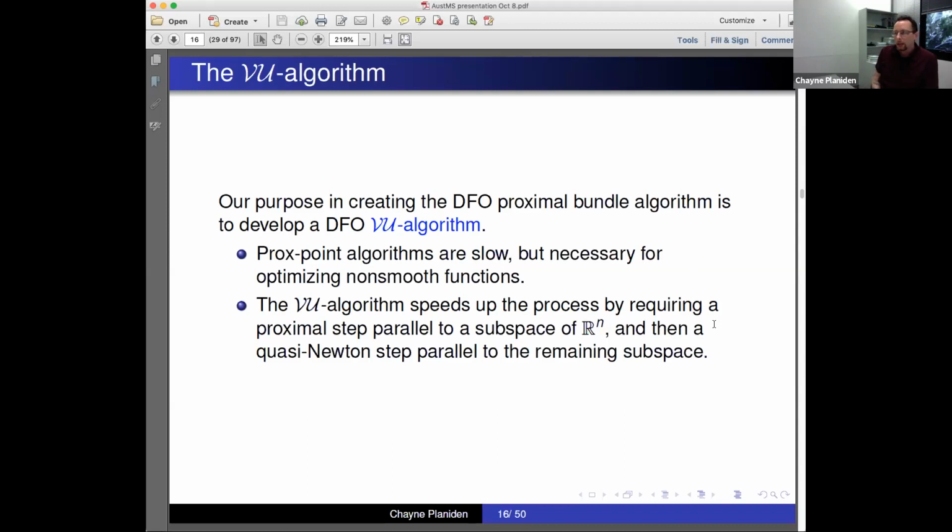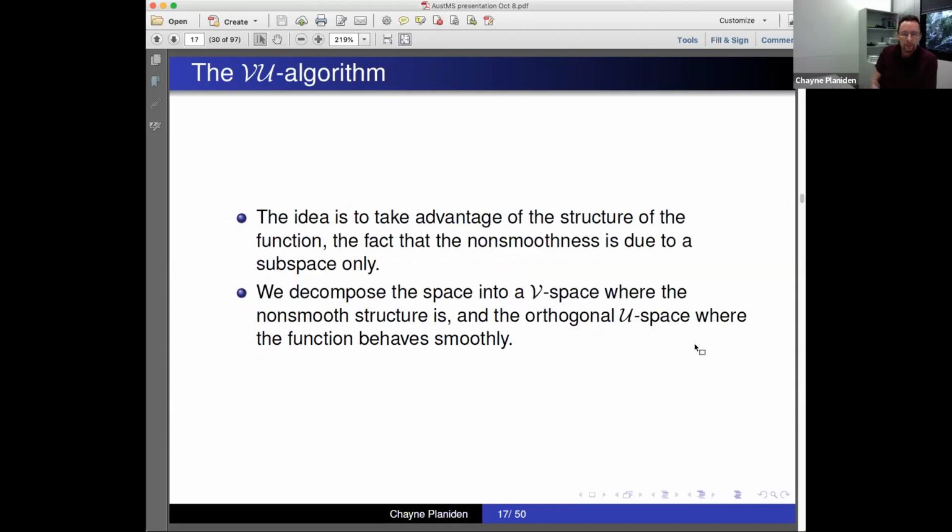We identify the non-smooth behavior of the function and localize that to just a subspace of R^n, which we call the V space. Then we deal with that separately from the U space, the smooth portion of the function, in which we can do a fast step, like a quasi-Newton step. So we get some speed in doing that. We're taking advantage of the structure of the function, because usually the non-smoothness of the function is due to a subspace only.